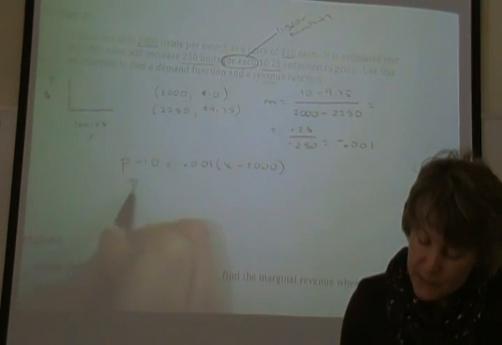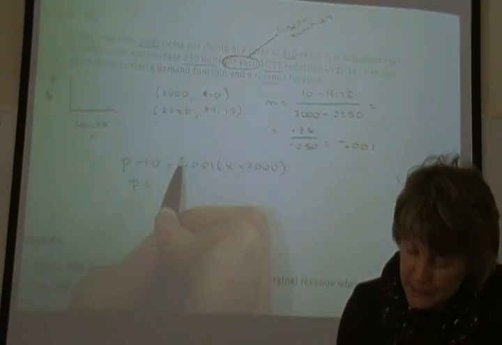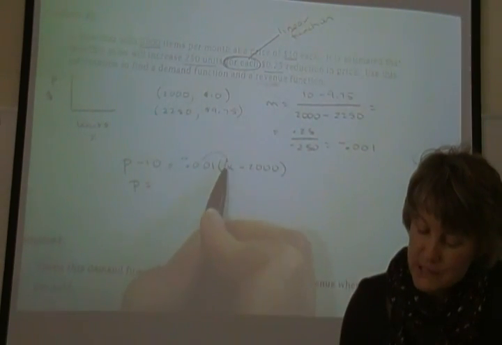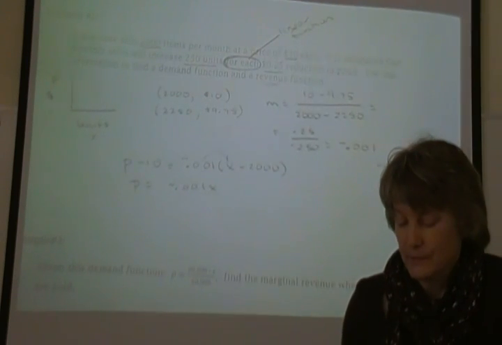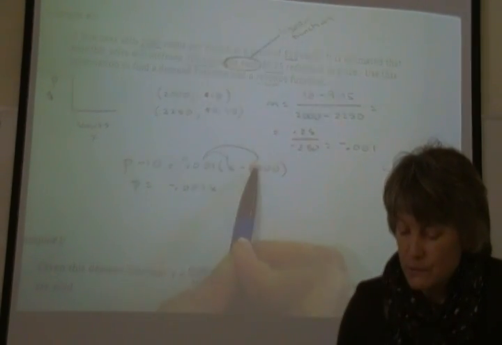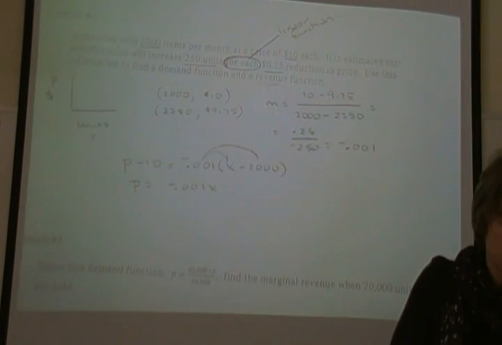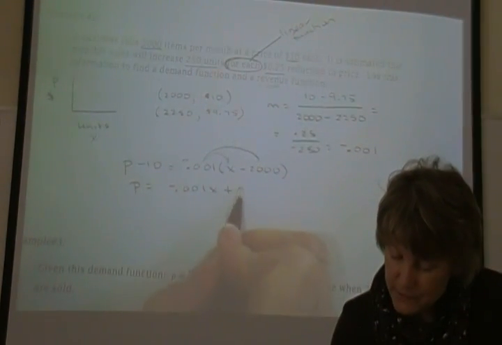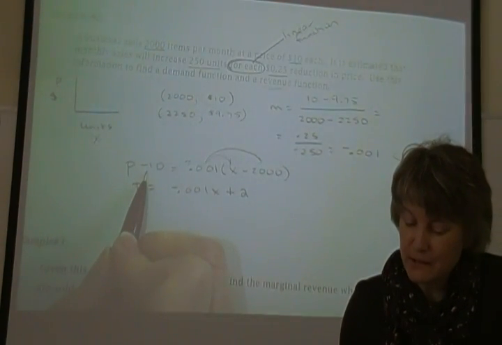So I'll make it say p equals. I'll distribute, oh, I forgot my negative, I'm sorry. That's a negative slope here. I'll distribute my slope through negative 0.001x. I'll distribute this through, not forgetting my negative. So I have 2,000 times 0.001, which is 2, and it's positive, negative times negative. But I also have to move this 10 over.